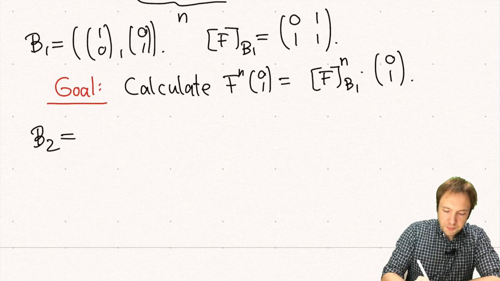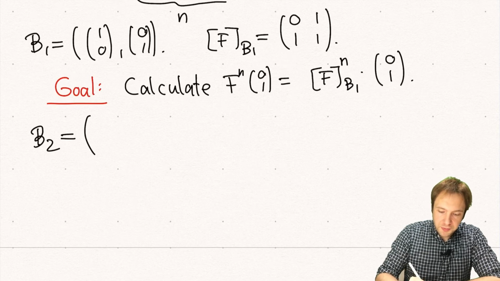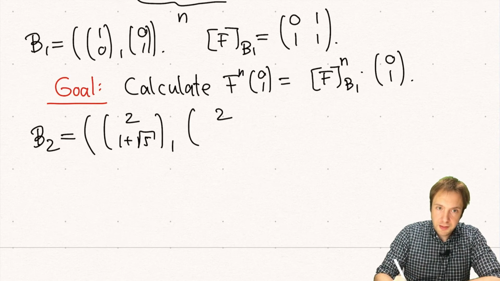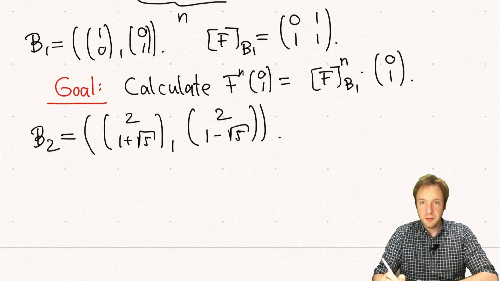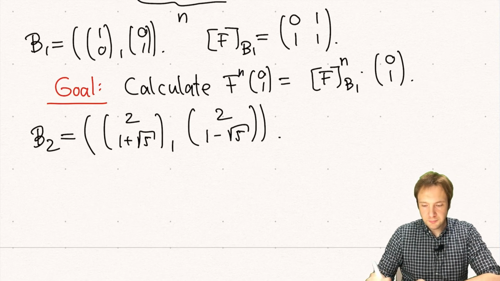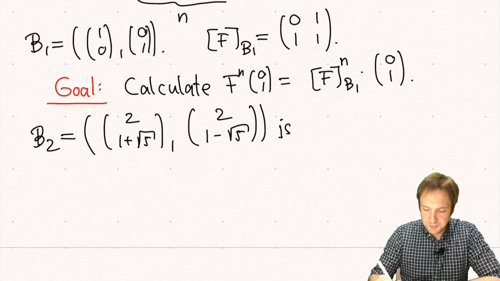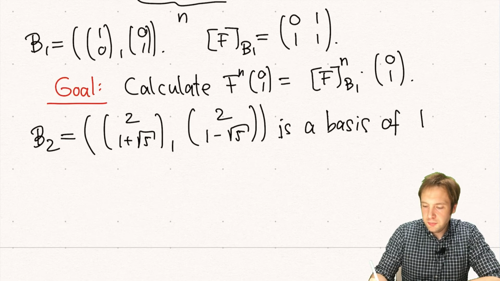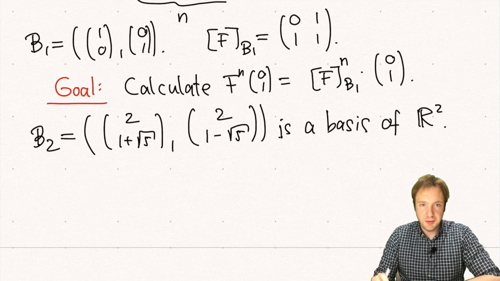So the basis B2 we want to consider in this case is the following basis. It's 2 and 1 plus square root of 5, and 2 and 1 minus square root of 5. So first you can check that this is a basis of R2, which is quite easy to see.